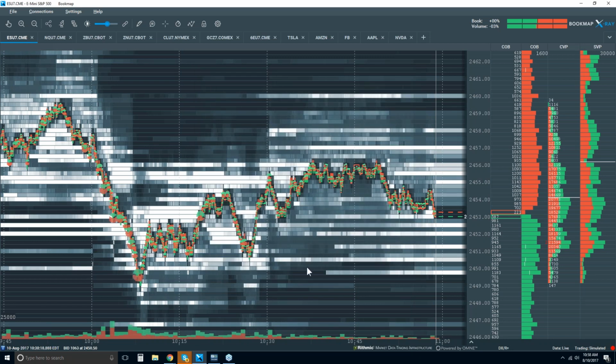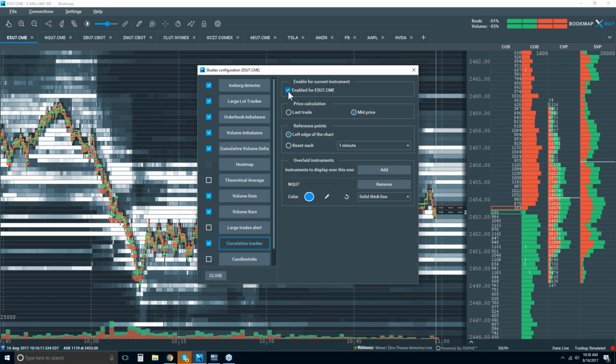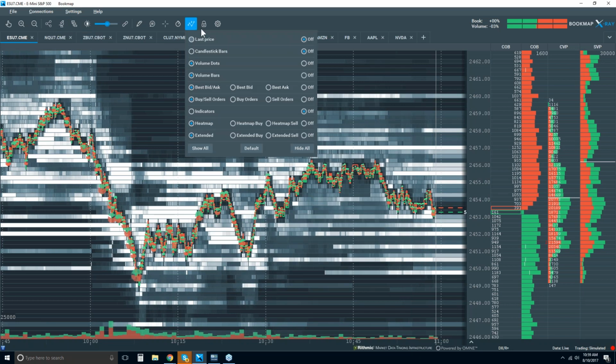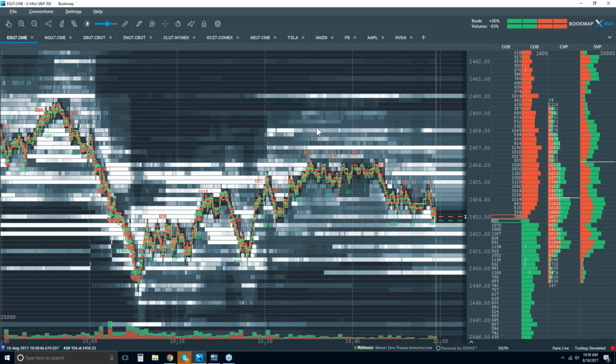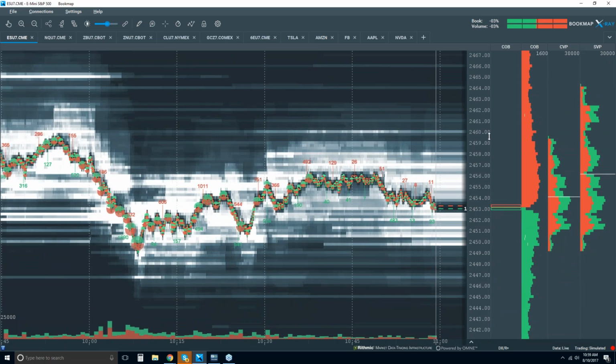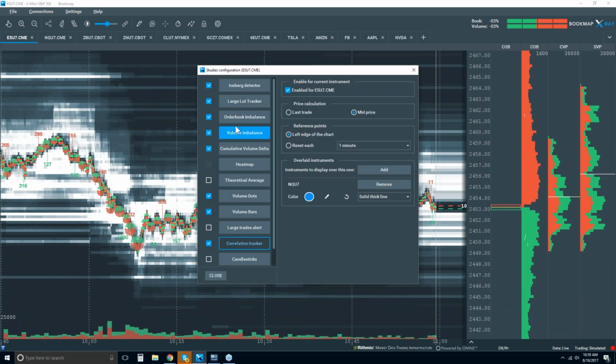Whoops, and I need to enable it here. It's going to be a blue line. And I need to turn on my indicators. Where's my NASDAQ? What else am I doing here? It should do the trick.